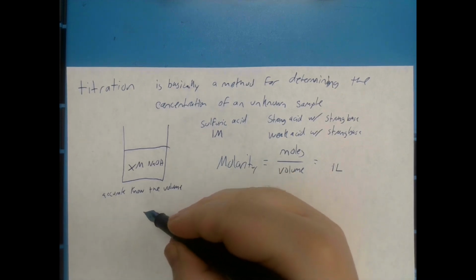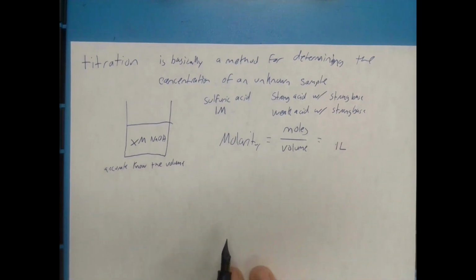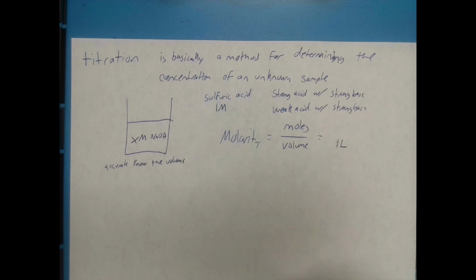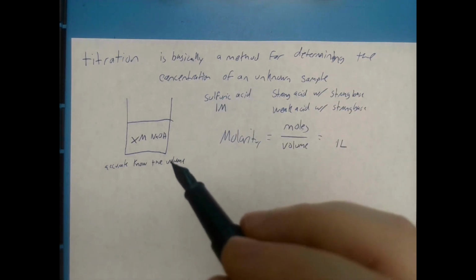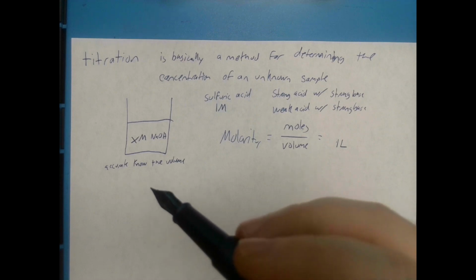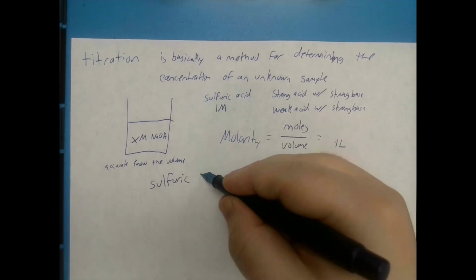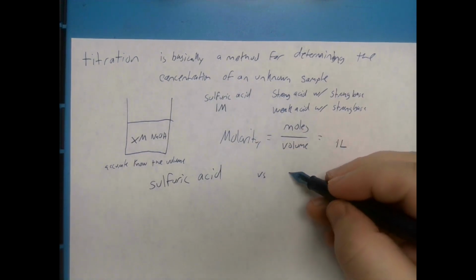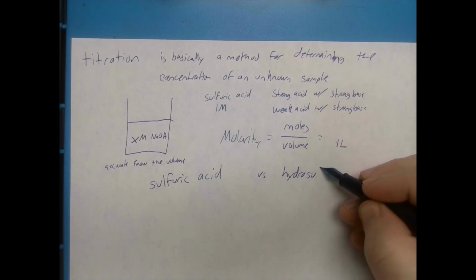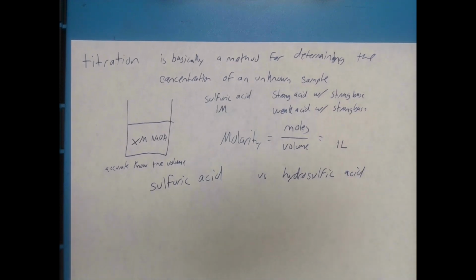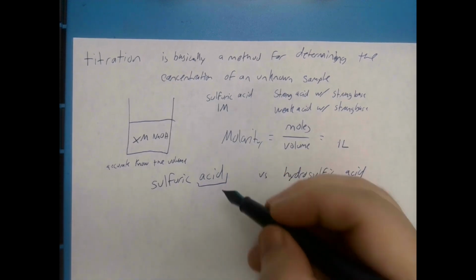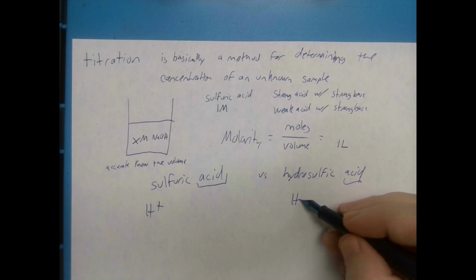Well, first of all, what's the equation for sulfuric acid? I should be able to just look at the word sulfuric acid and instantly tell what it is. Sulfuric acid versus hydrosulfuric acid. The word acid in both cases tells us it has an H plus ion.